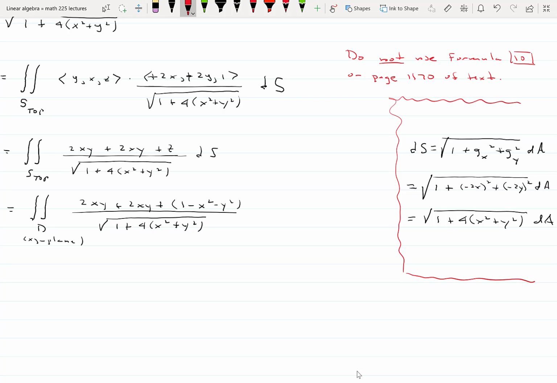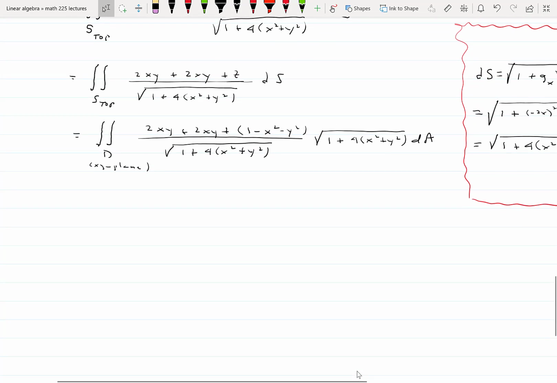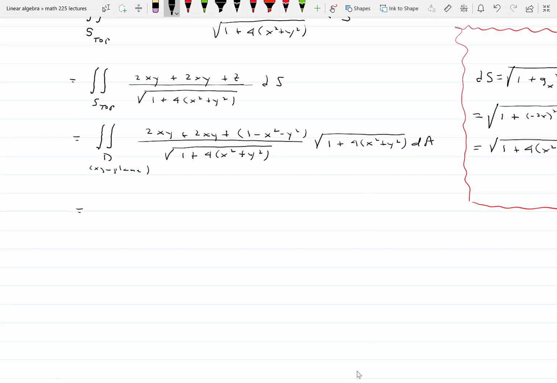Remember, when we convert the surface integral into a double integral, we write the formula for the differential element of surface area, which in our case is the square root of 1 plus 4 times (x squared plus y squared) dA. Okay, so we're going to get some simplification going on here.